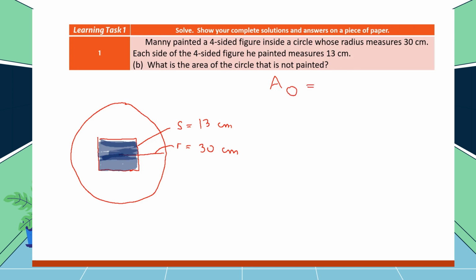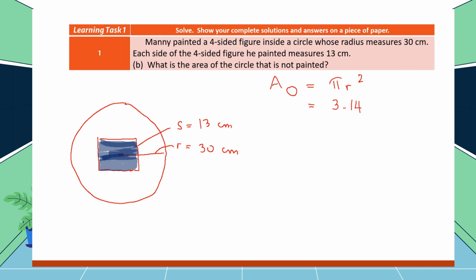Ay di sabi natin, ang formula natin ay pi r squared. Okay? Ang sabi, ang pi is equivalent to 3.14. So, ito na lang ang gamitin natin. Huwag na natin i-involve yung 16 na kasunod. So, again, we'll be using pi value ay 3.14.